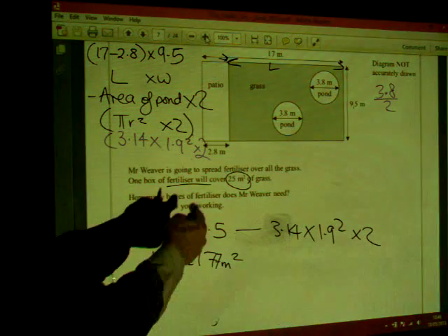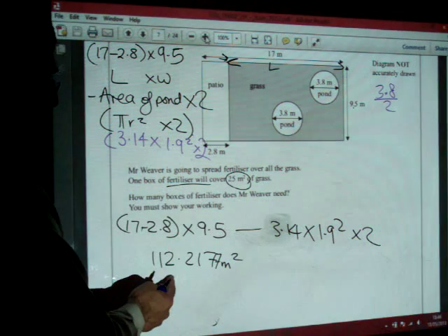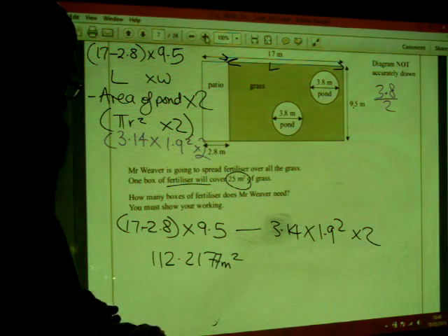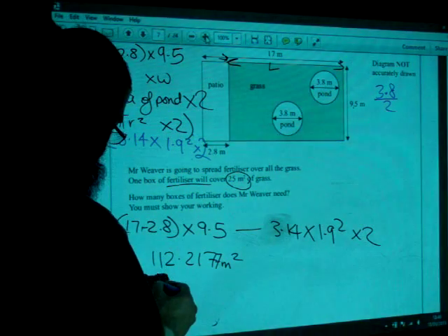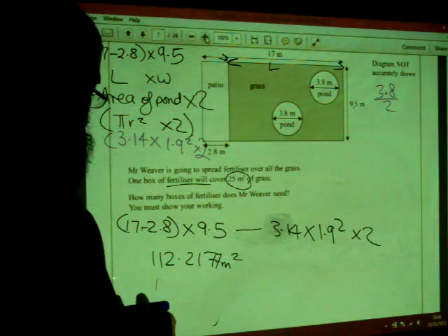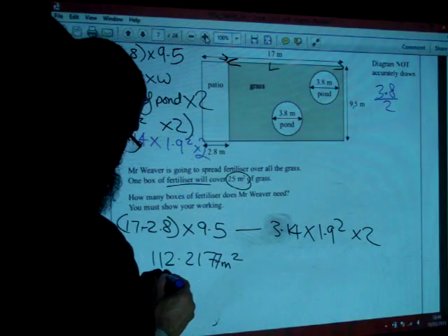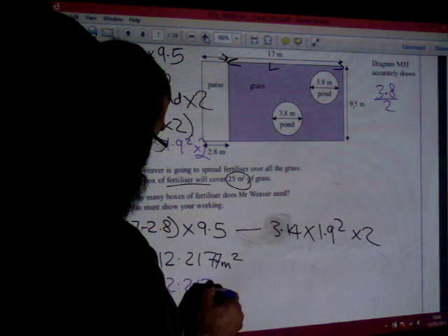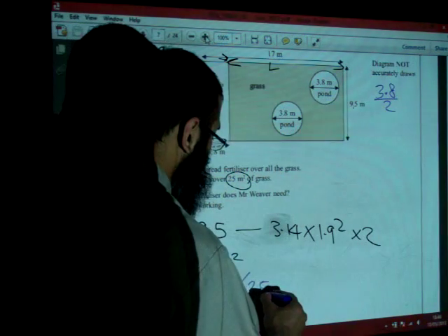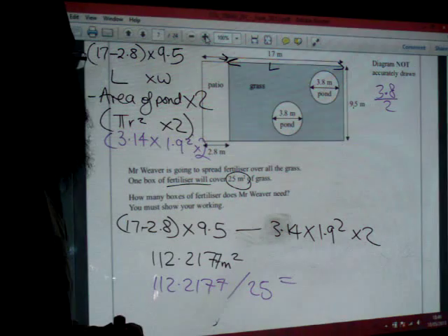So we have to find out how many of these will fit into there. So the next calculation involves this being divided. Hope you haven't got rid of your calculation from the calculator. We're going to reuse that number, 112.2177, and we're going to divide it by 25 to give us the number of bags.